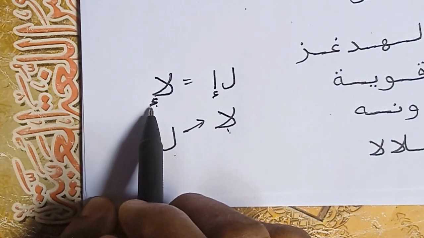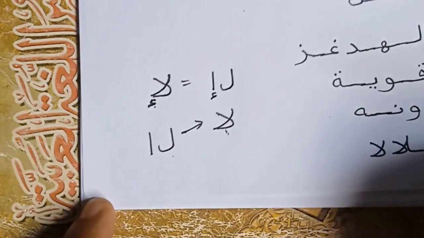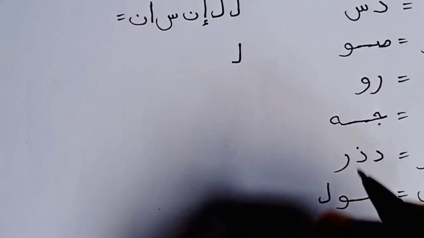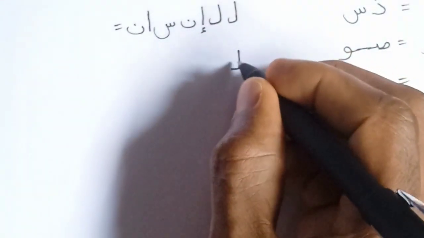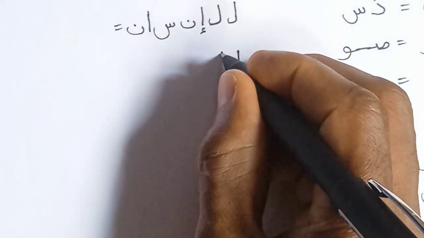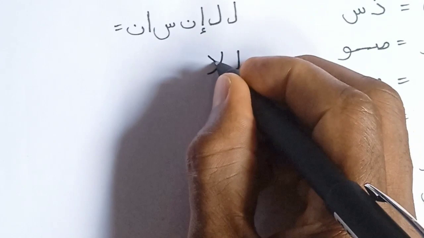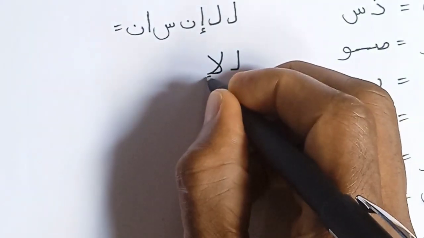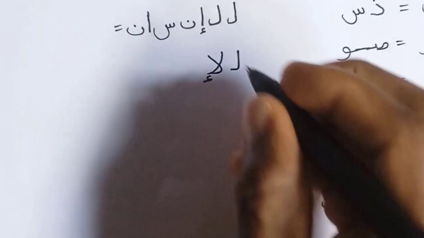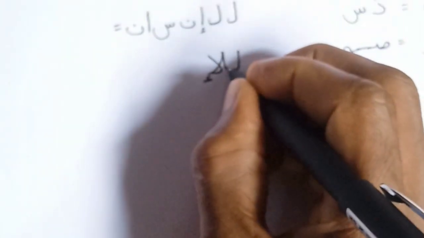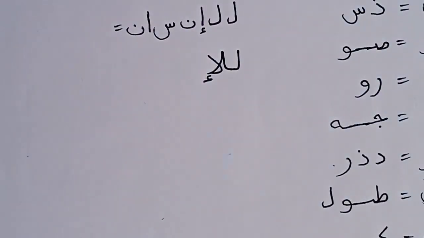So the hamza comes over here. That's what we are going to do to join the next one. So we now have this lam alif, then we introduce our hamza over there. So we then now join with that.